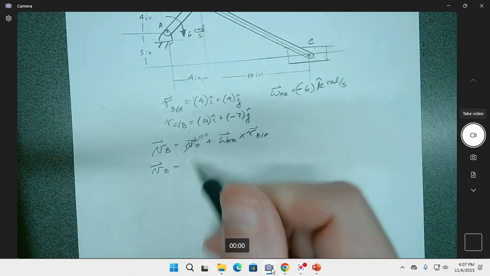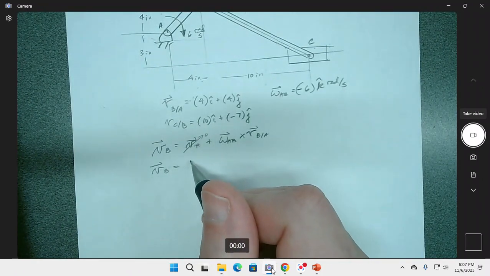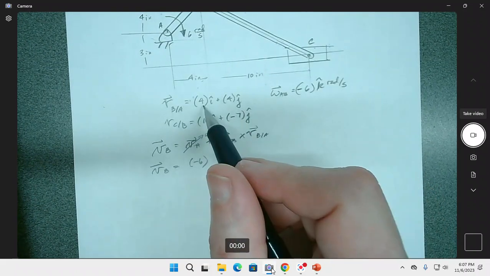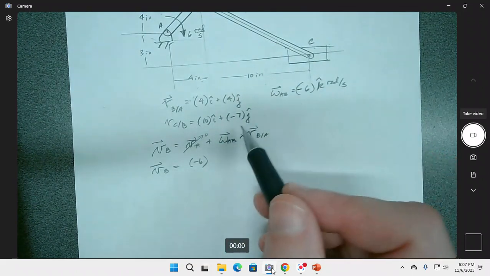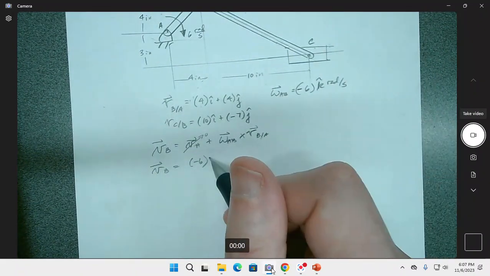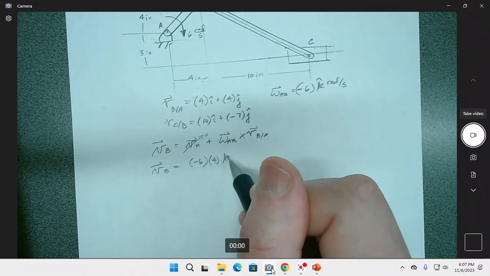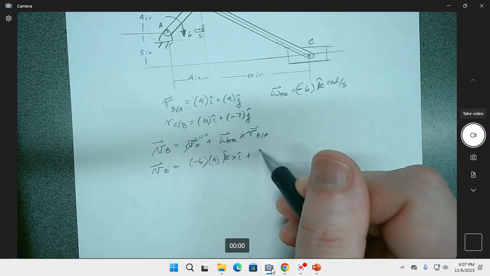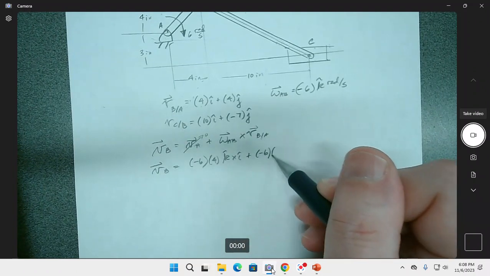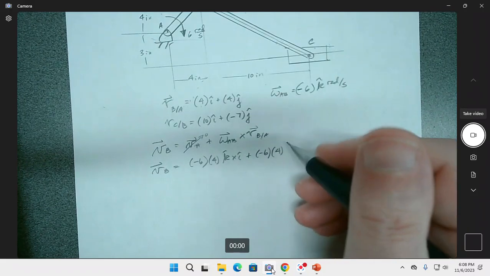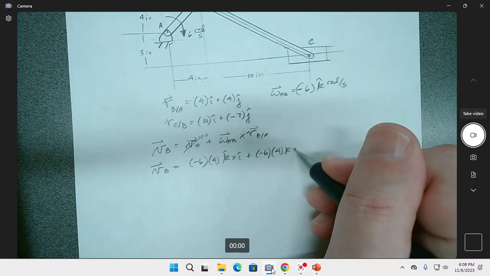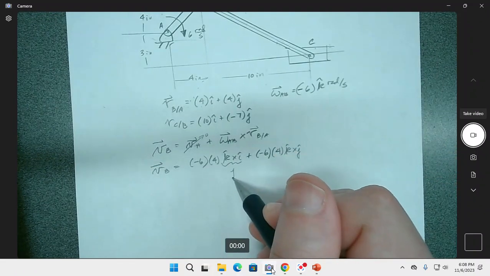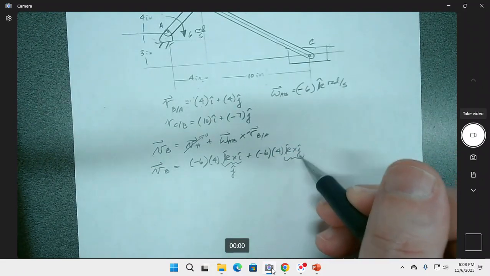Velocity of B is going to be negative 6 times, I'll just go ahead and distribute it, 4K crossed I plus negative 6 times 4 K cross J. We know that's a positive J, and that's a negative I.